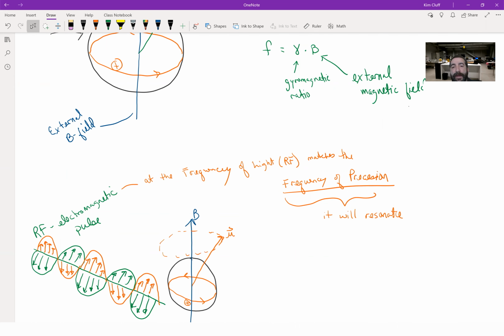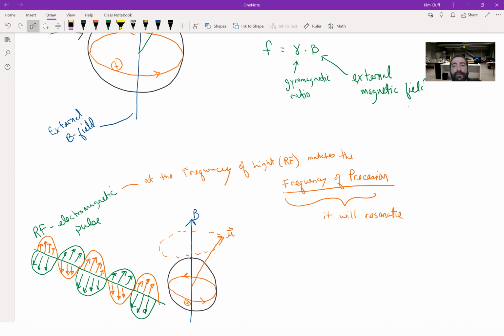I believe the gyromagnetic ratio is the ratio of the magnetic field to, I can't remember the other, to the angular momentum. It's the ratio of the magnetic moment to the angular momentum.